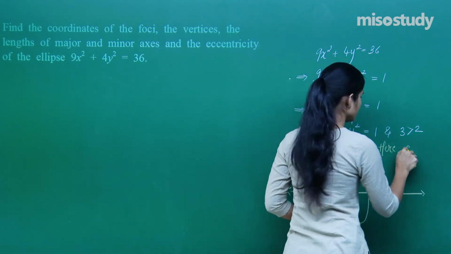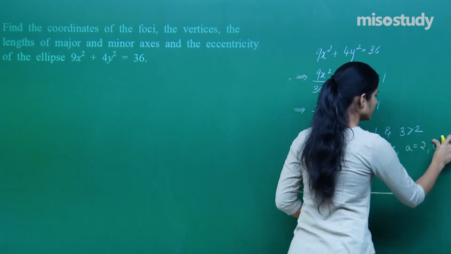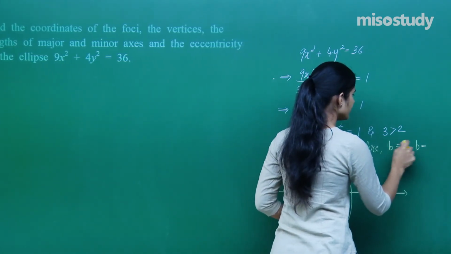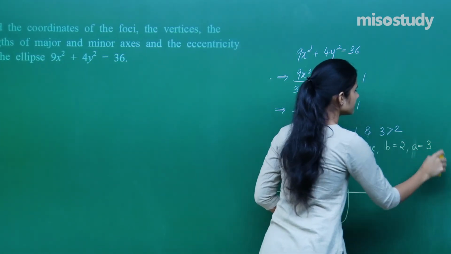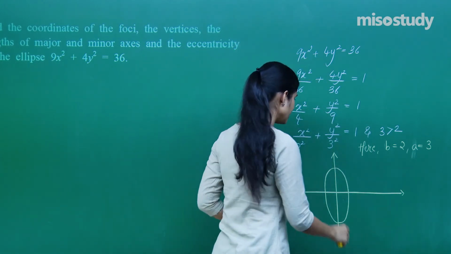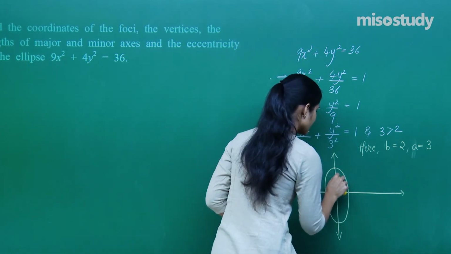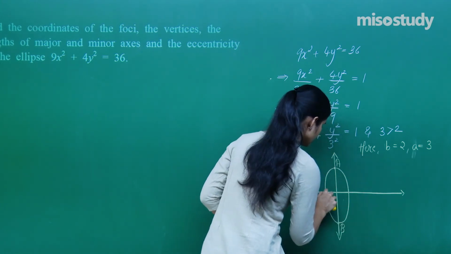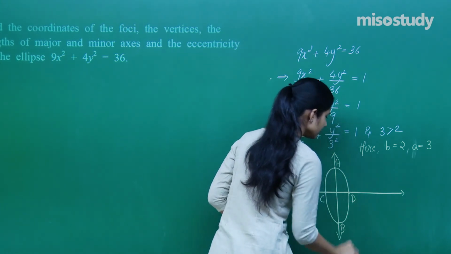So here B is 2 and A is 3, right? Say this is A point, this is B point, this is C and this is D.